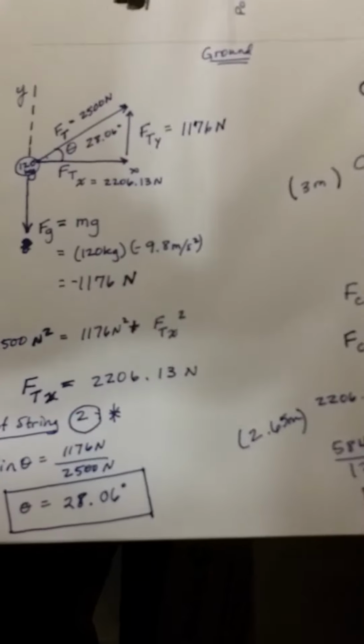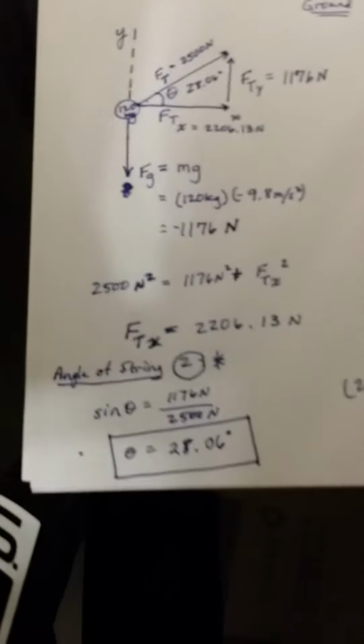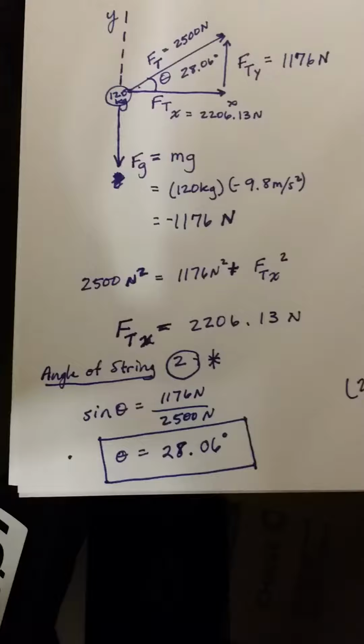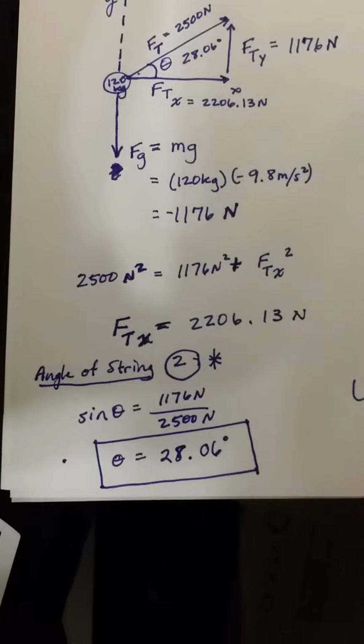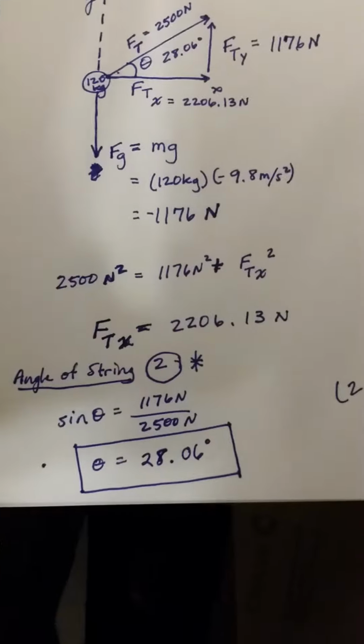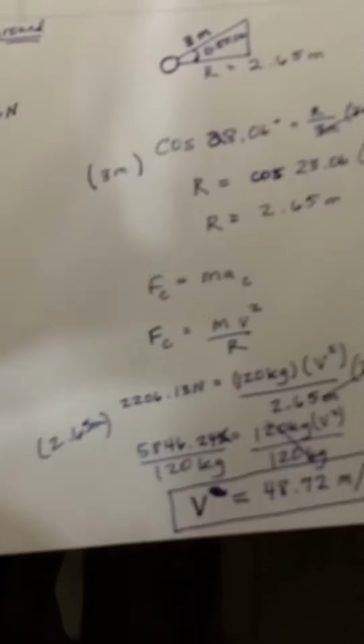Now that we have all the sides of the triangle, we can find theta. Sine theta equals 1,176 newtons over 2,500 newtons, which gives us 28.06 degrees.